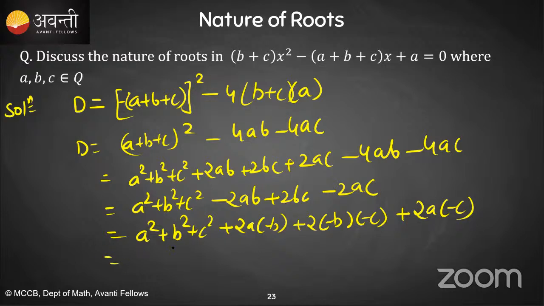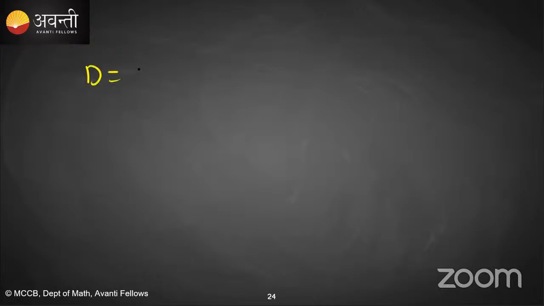Now if you look very carefully, this is nothing but a minus b minus c whole square, right? So it means your D is nothing but a minus b minus c whole square.